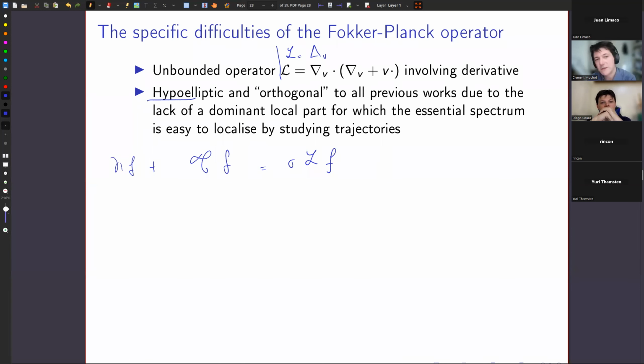If you've never seen this term before, hypoellipticity means that your equation will still have some regularizing effects, but is actually not parabolic elliptic. You fail the ellipticity criterion, of course, because here you only have ellipticity in v, and this is hyperbolic. So there is no ellipticity in the x variable in your equation. So that creates a lot of complications.